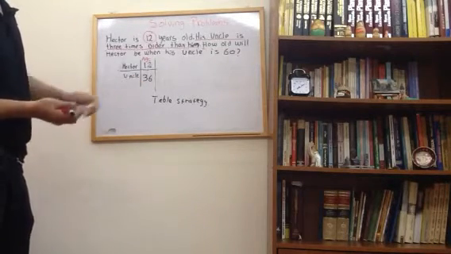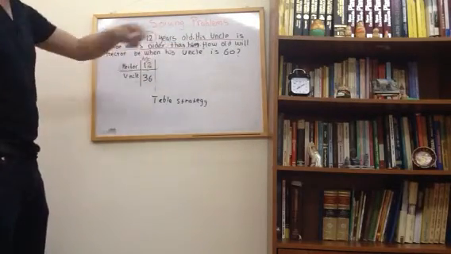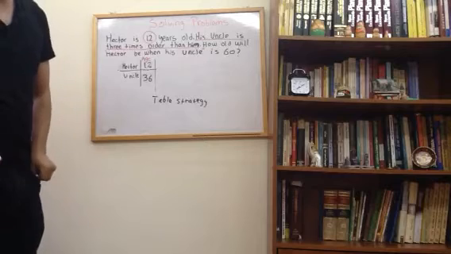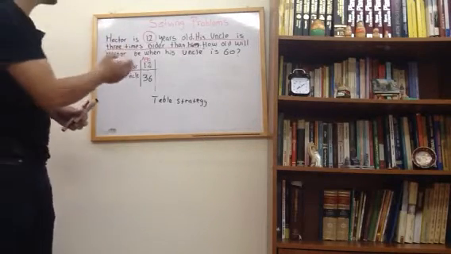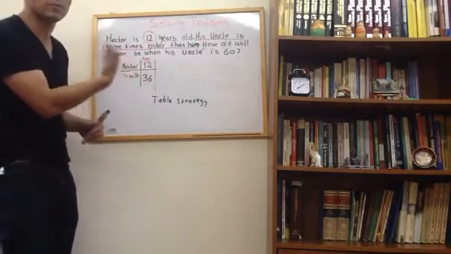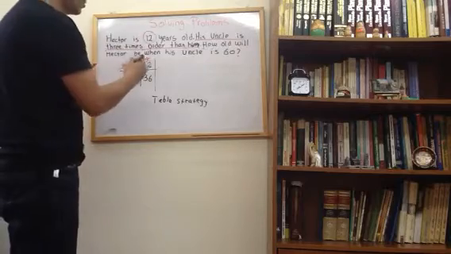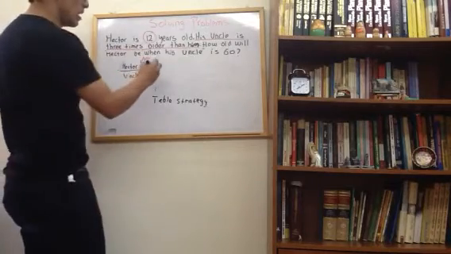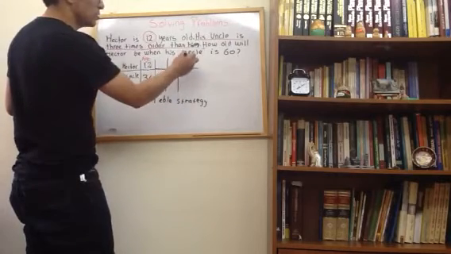Now, the question says, how old will Hector be when his uncle is 60? Alright? So we need to see how old Hector will be when the uncle reaches the age of 60. So for that reason, I have to extend the table a couple more squares.